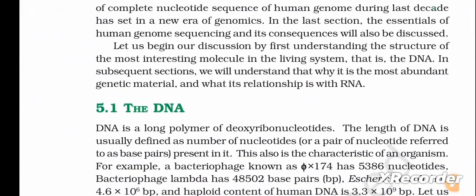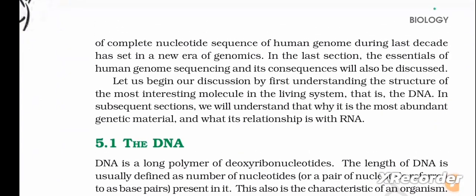The determination of complete nucleotide sequence of human genome during last decade has set in a new era of genomics. In the last section, the essentials of human genome sequencing and its consequences will also be discussed.